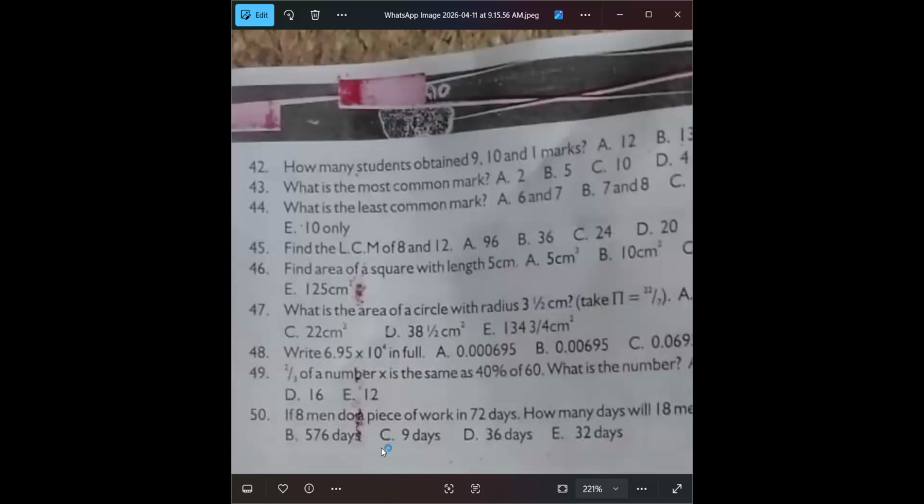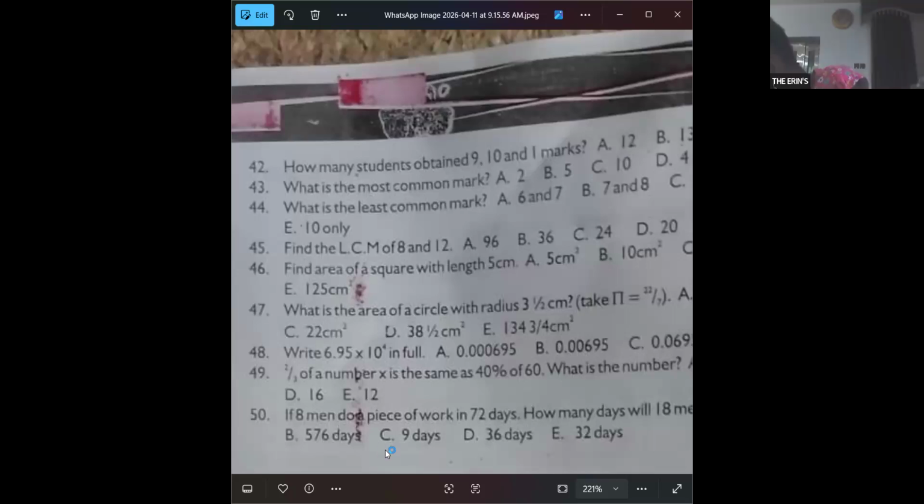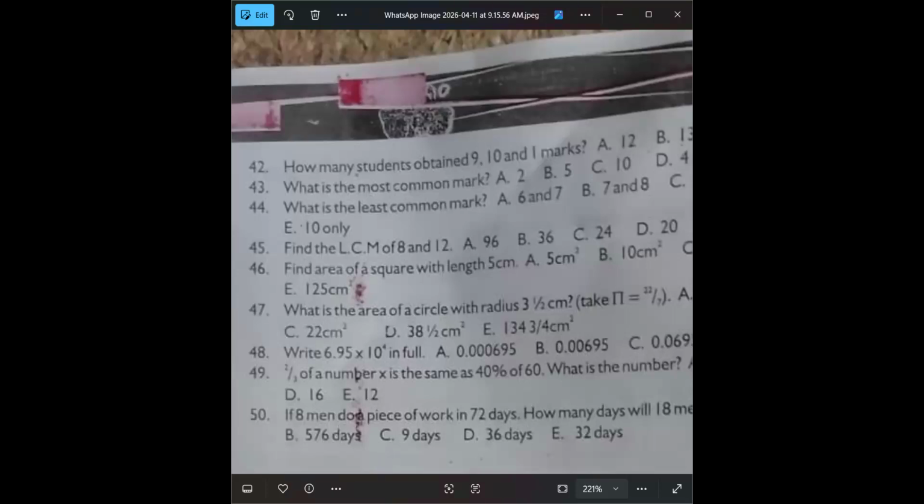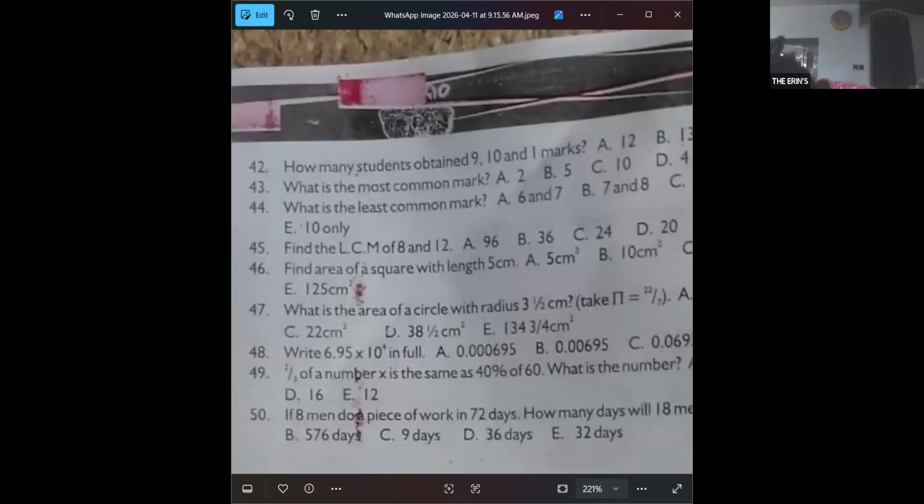Confirmed, LCM of 8 and 12: 24. Okay, that's good. All right. So we have that tucked in our schedule. All right, let's move on.